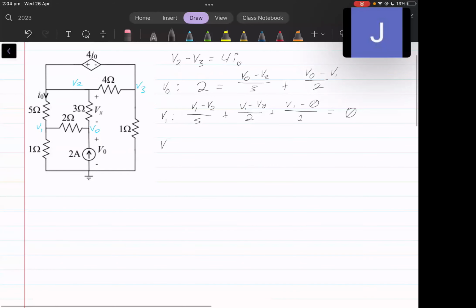Then we can do it for the supernode. We just have to look at what comes in and what comes out. So we have, assuming everything goes out, V2 minus V1.